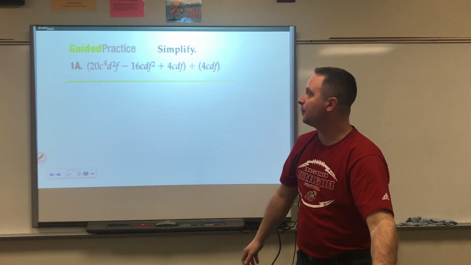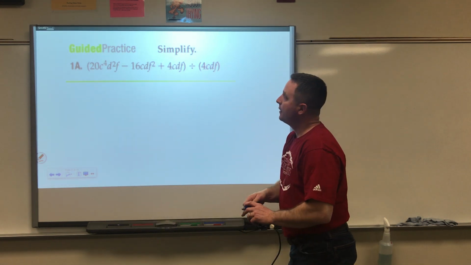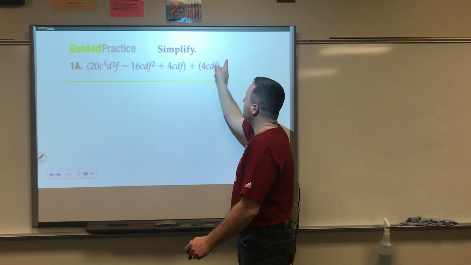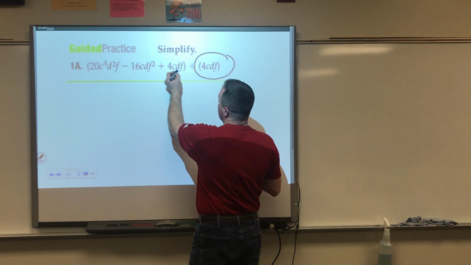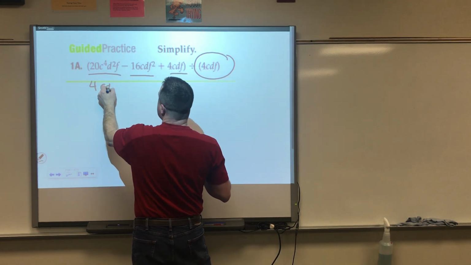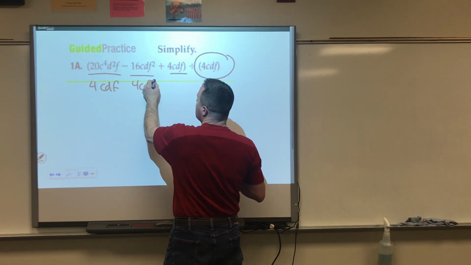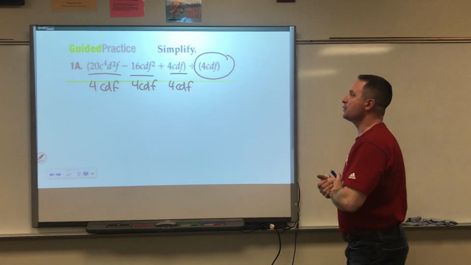Okay, we're going to try another monomial one here. So I have this trinomial being divided by that monomial. Okay, and well, maybe it's easiest just to do each one separately. 4c d f, 4c d f, 4c d f. Okay, and then just look at each one separately.